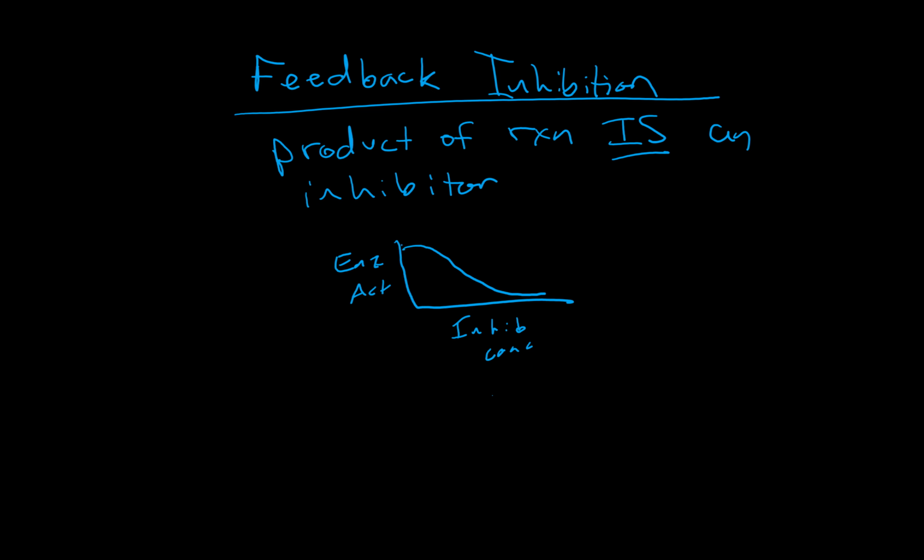So catalyzing the reaction starts to regulate the rate of reaction. The more product that we have, the lower the reaction rate you're going to see as more and more of those enzymes become inhibited by the product. And it's pretty much that simple. It's like an extremely simple method for regulating enzyme activity. Just have the product be the inhibitor.